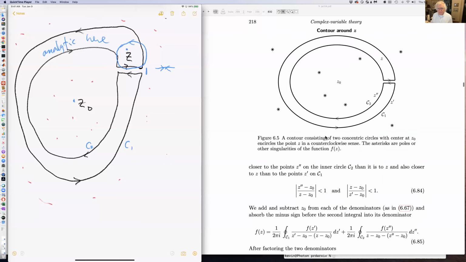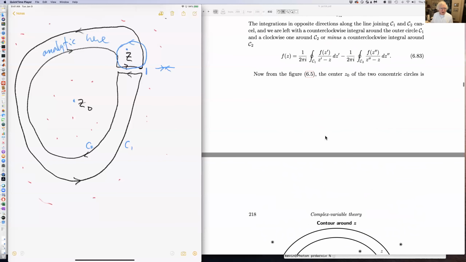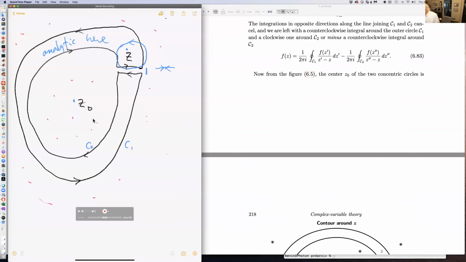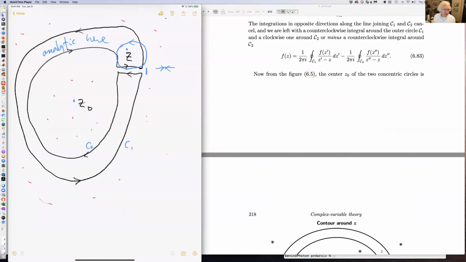Although here I drew this thing as hopelessly mangled circles, you're to imagine that these are both circles.